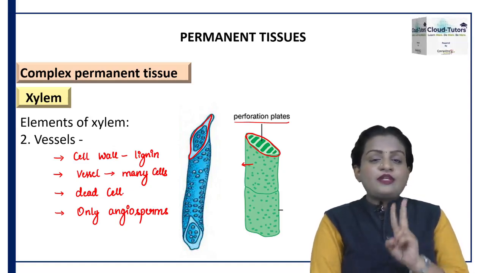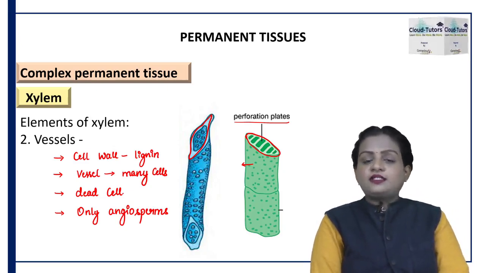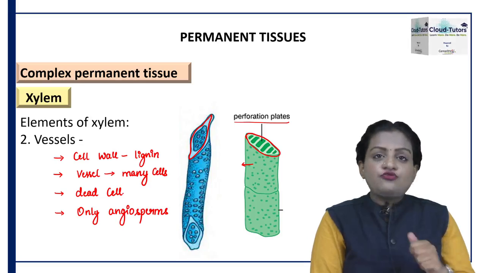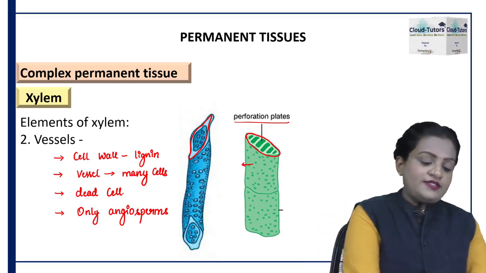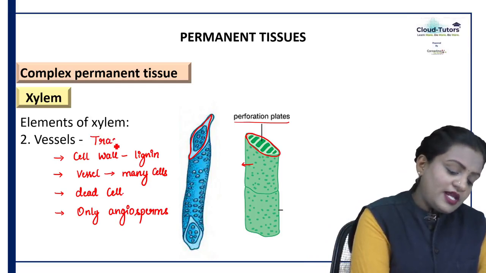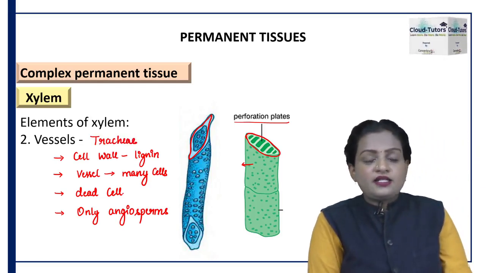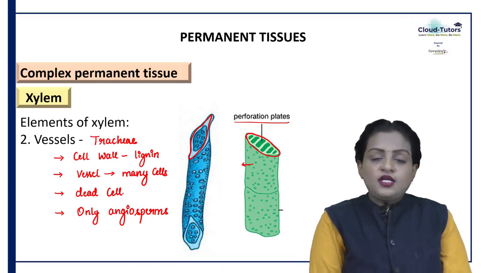And the 2 main water conducting units in the xylem is tracheids and vessels. Now coming to other name of vessel, it is also known as tracheae. So tracheids are different. Tracheae is another name for vessels.